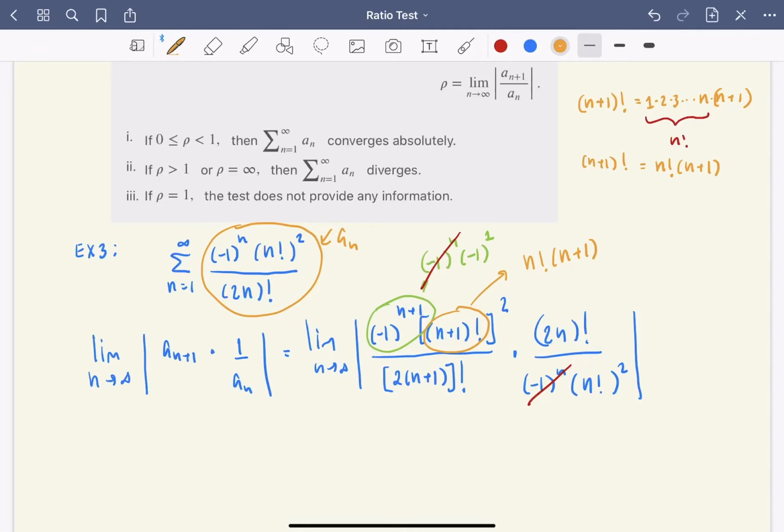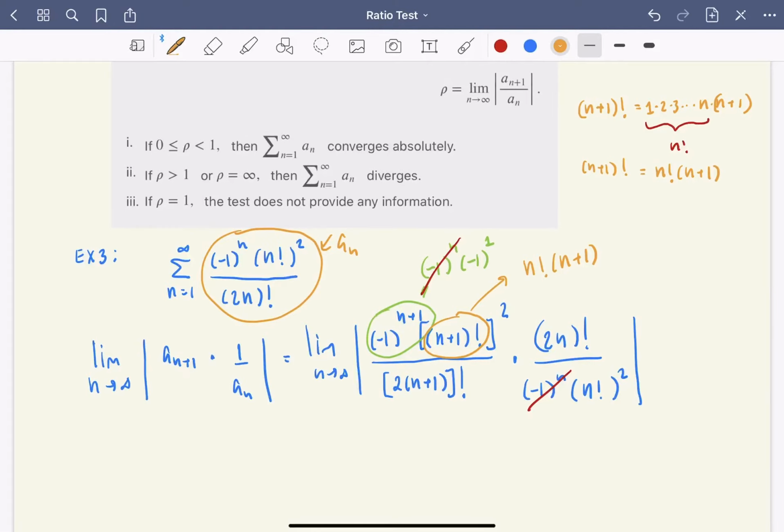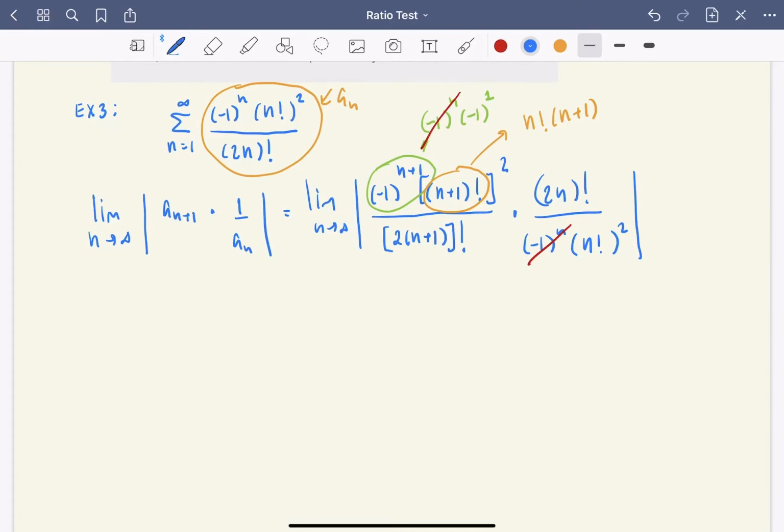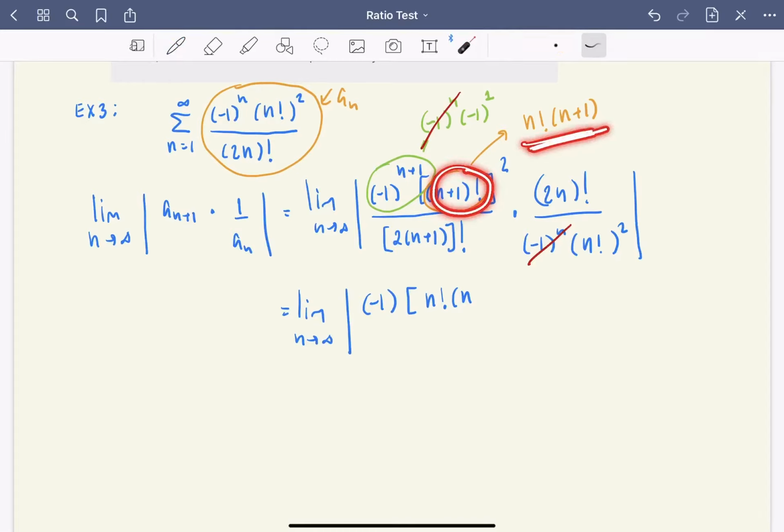Okay, and so what we have here is the limit as n approaches infinity, absolute value of, that's what remains, negative 1 times, so (n plus 1) factorial is n factorial times n plus 1, squared.